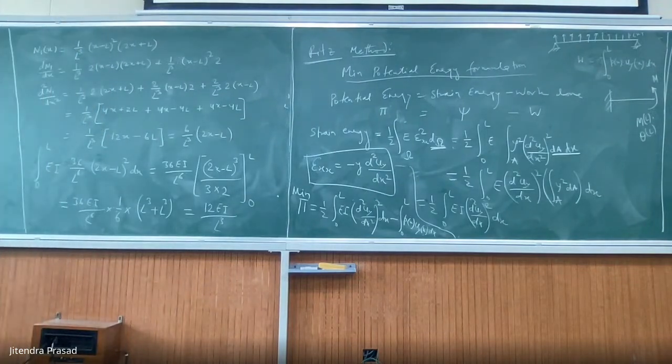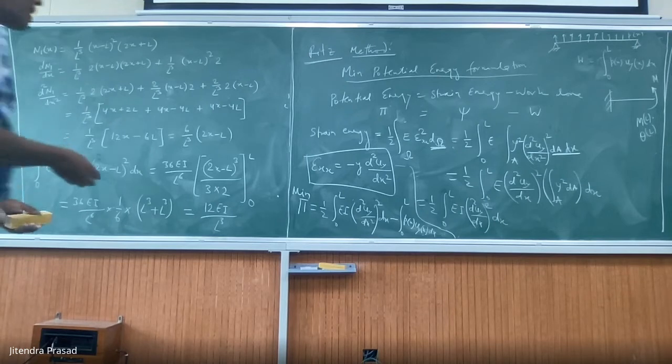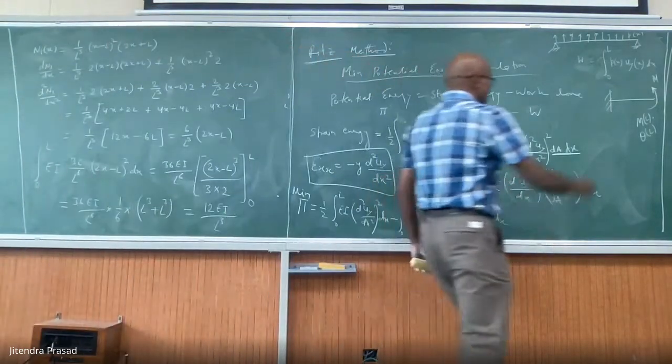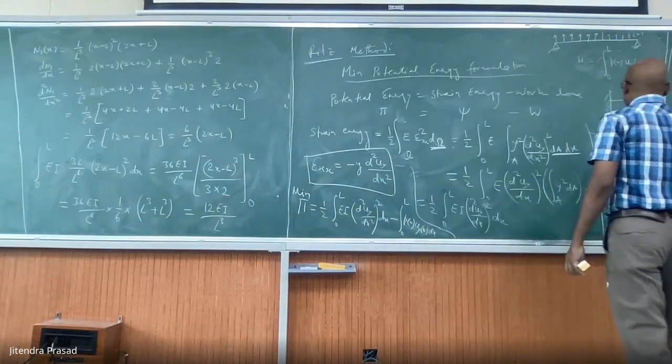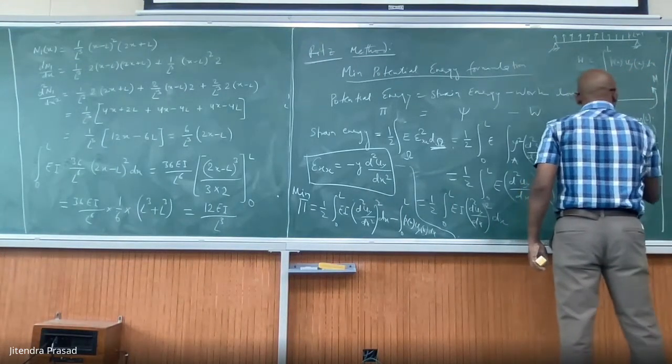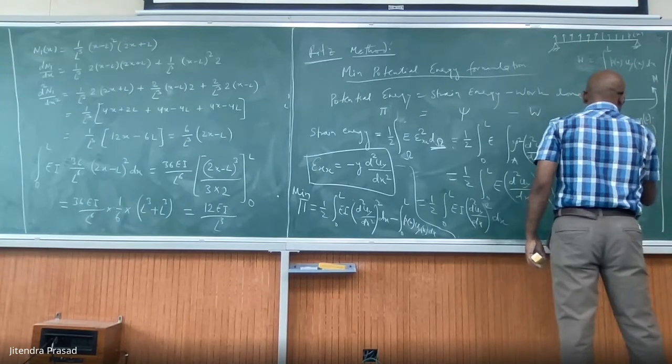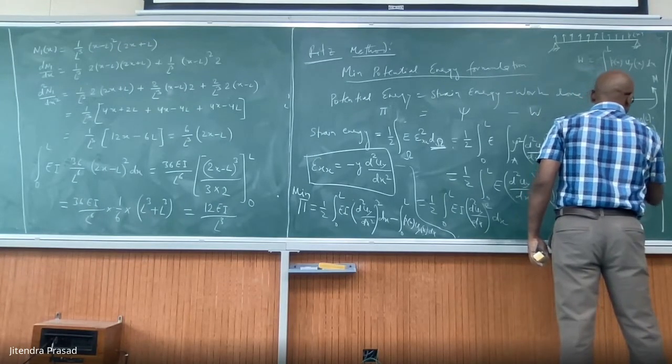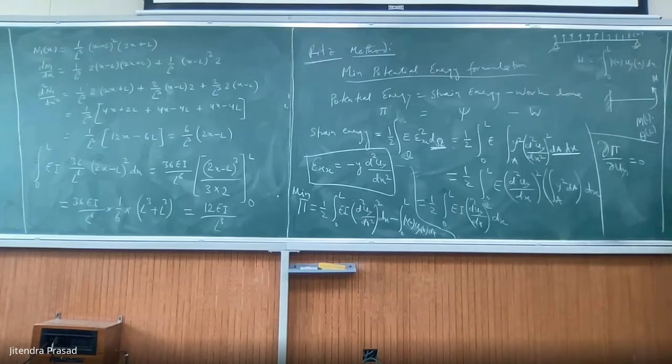Which are the coefficients? uy1, theta1, uy2, theta2. Those you are solving. How are you going to solve? You are going to minimize it. And how will you do that? Del pi over del uy1 is equal to 0, and you will solve for this.